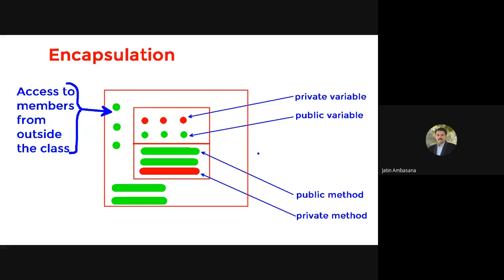So how do we allow access to the private variables? Then we can make public methods that will have access to the private variables. For example, this method is using these two particular variables inside it, and this method is using this particular variable. So if someone accesses these two methods from outside, then he can indirectly access the private variables, right?